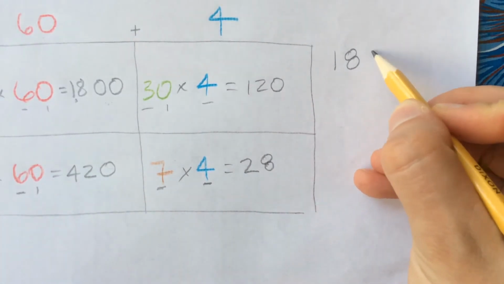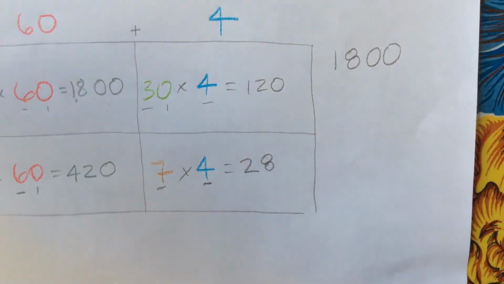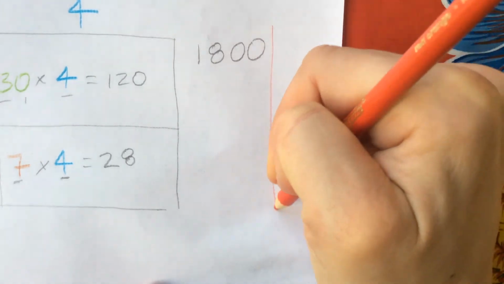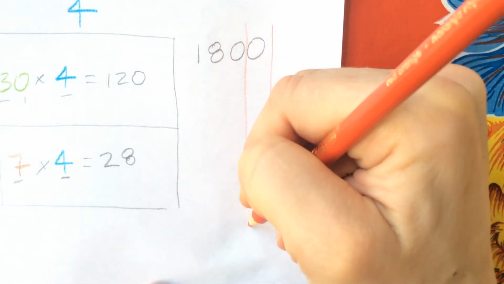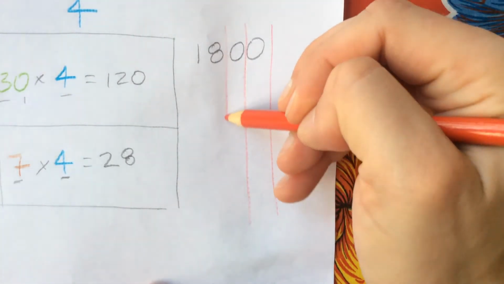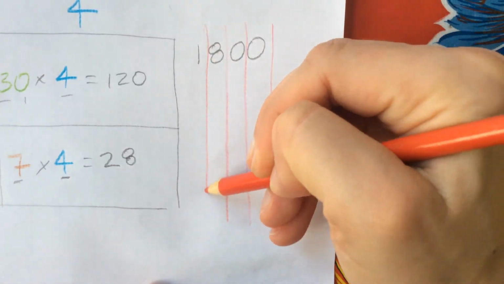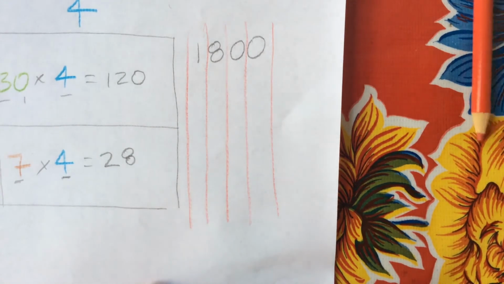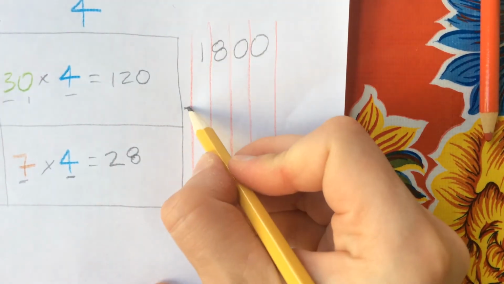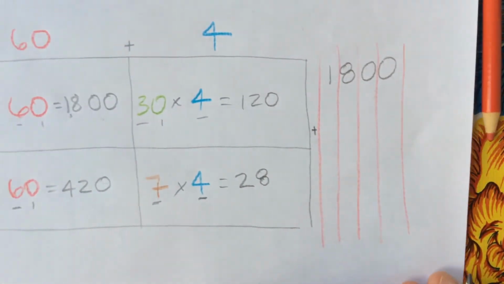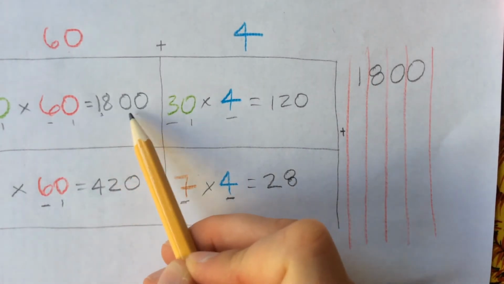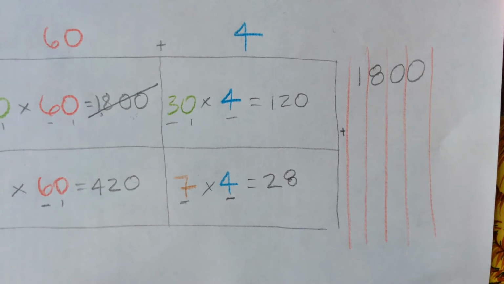And so I start with my largest number, 1800. And because I don't want to make any mistakes here, when I add things up, I go back to the beginning of 4th grade where we add things in columns. Okay? And I put my little plus sign in there. And so just because I don't want to make any mistakes, I put my 1800, and I'm going to cross it off.